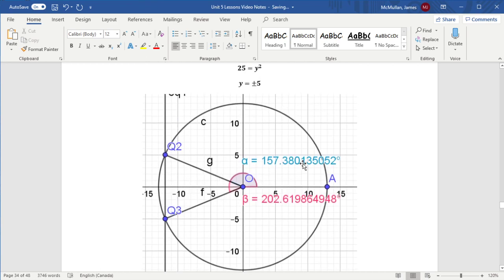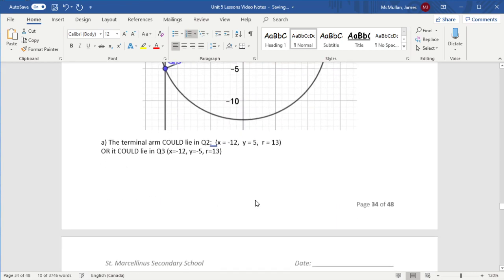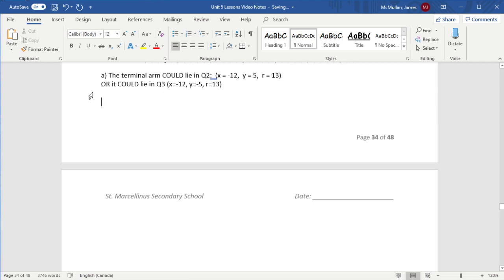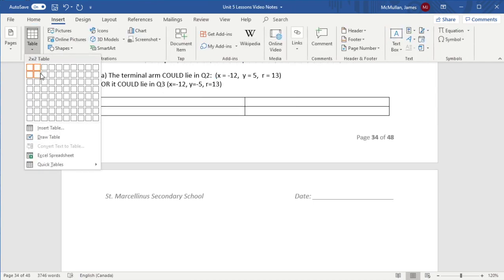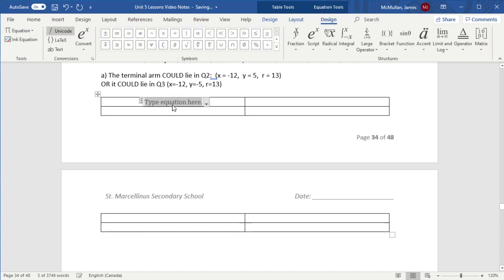So that's what this part is about. Then it says determine all the possible primary trigonometric ratios for theta. Well, we can't do that unless we know which quadrant it's in. So let's make a table for a couple of possibilities. Let's say case 1, theta is in Q2, and case 2, theta is in Q3.